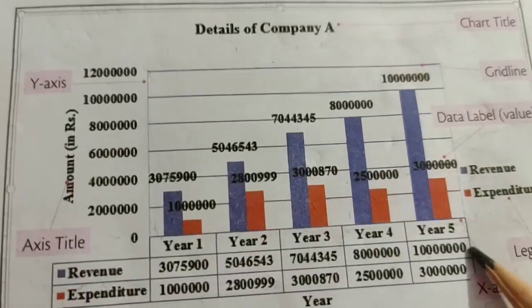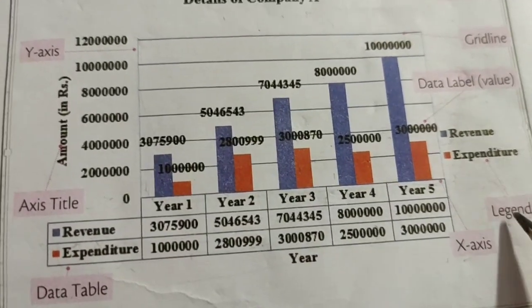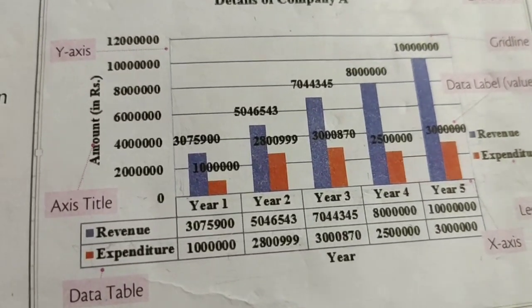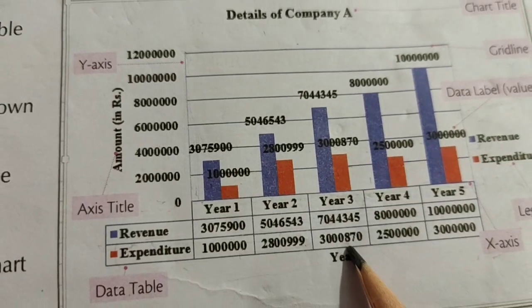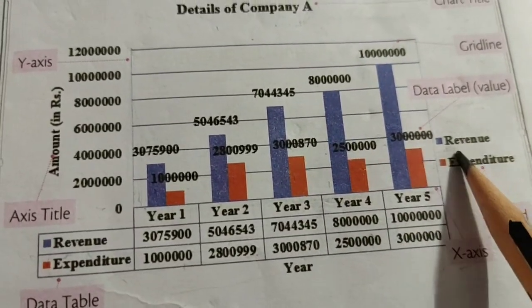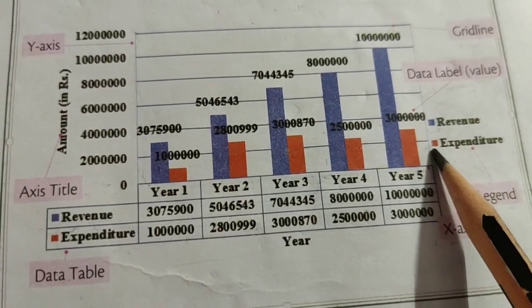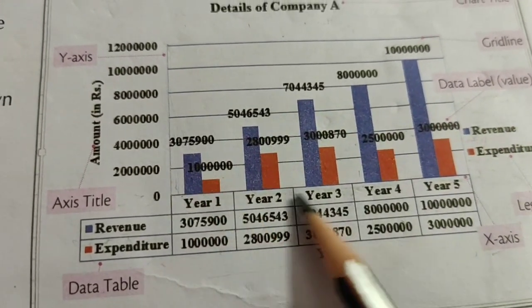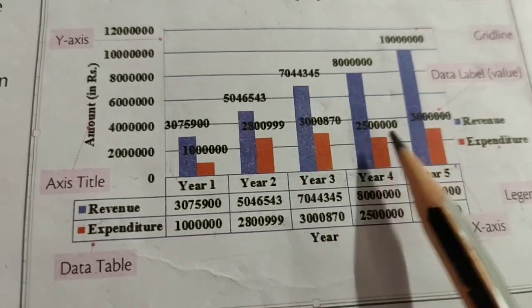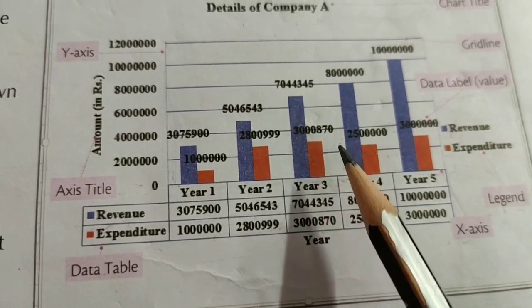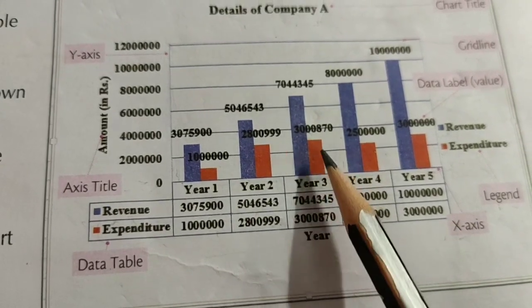Then comes the legend. The legend helps us to identify the data. Now you see revenue is blue in color and expenditure is red in color. While looking at the color, we can identify that the blue color is the revenue and the red color is the expenditure.